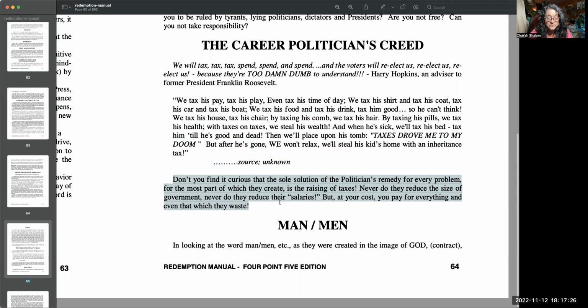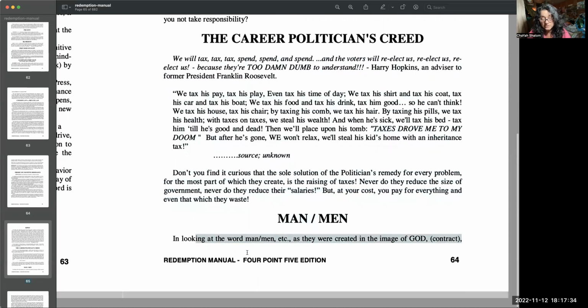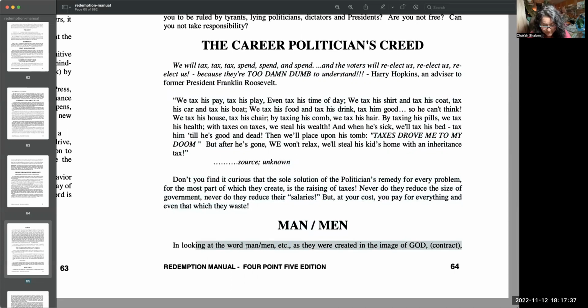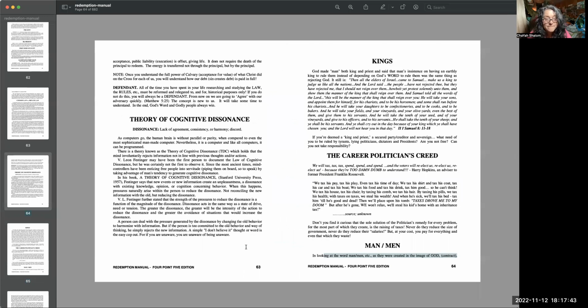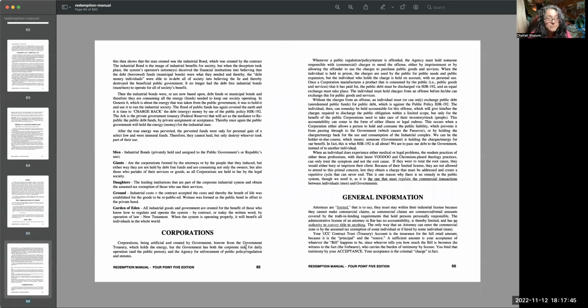All right, bottom of page 64. Man, men. In looking at the word man, men, etc., as they were created in the image of God, contract, yeah, I did it.